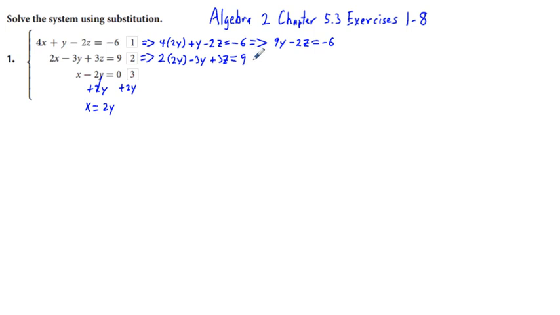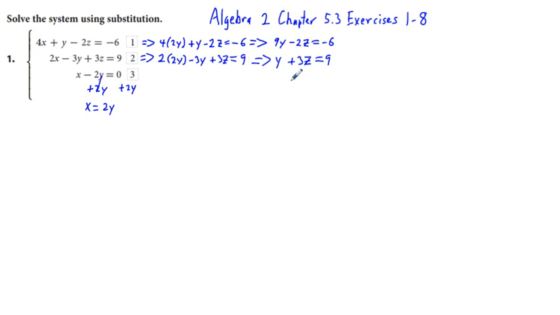And continuing to work to the right, 4y minus 3y is y. So we have y plus 3z is equal to 9.